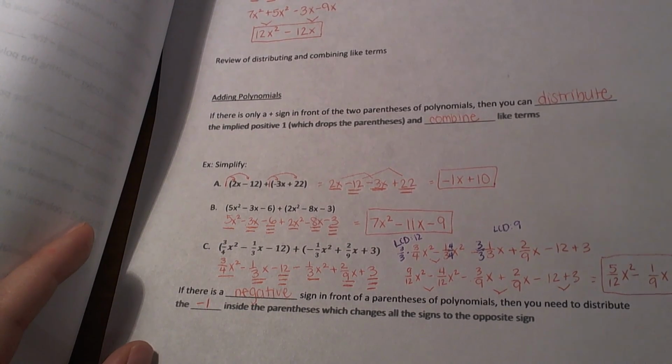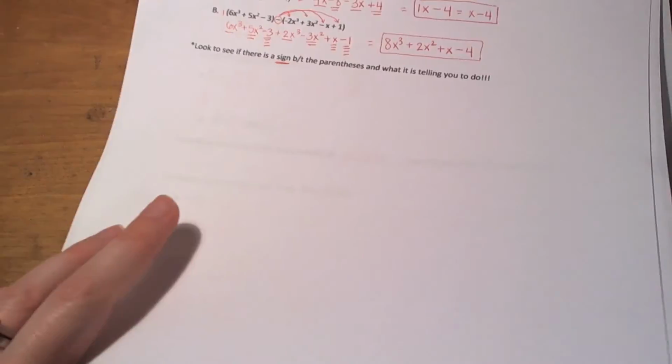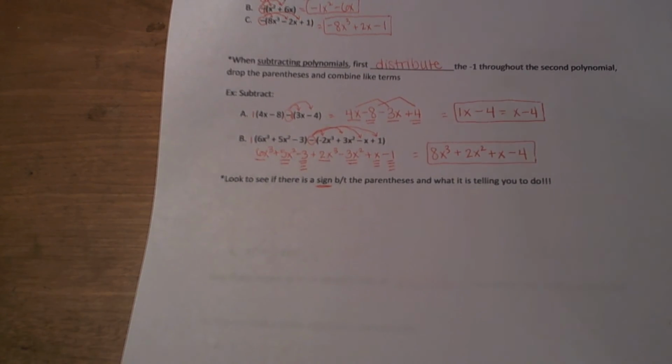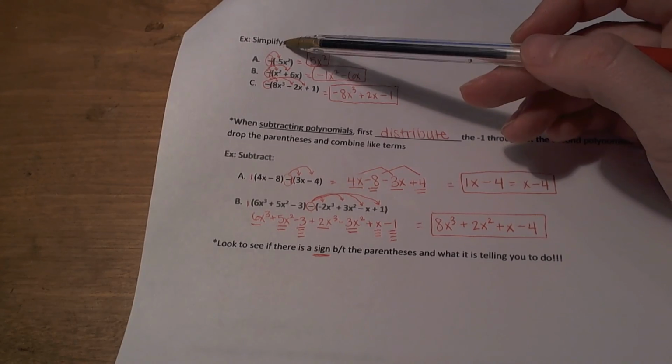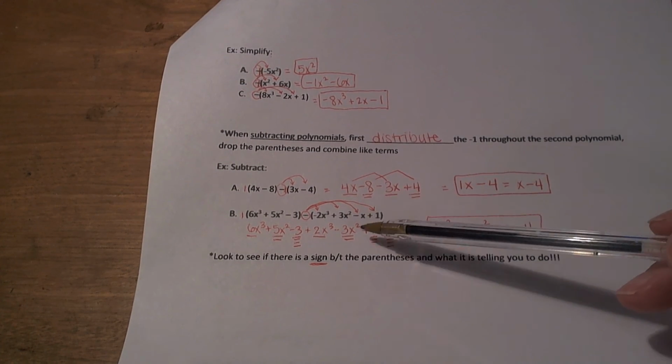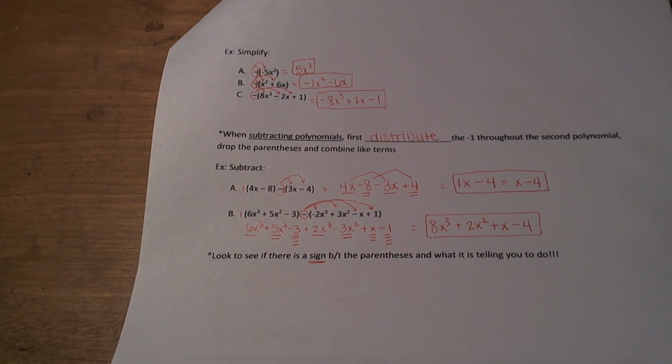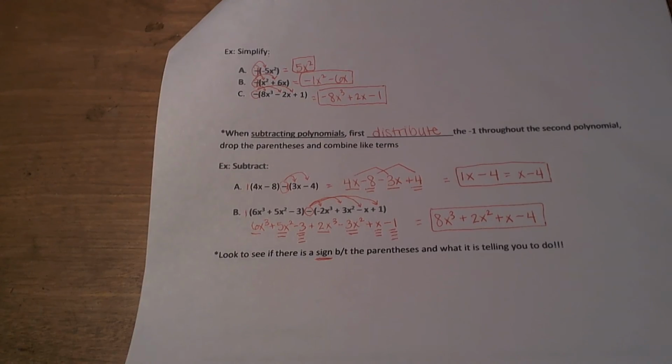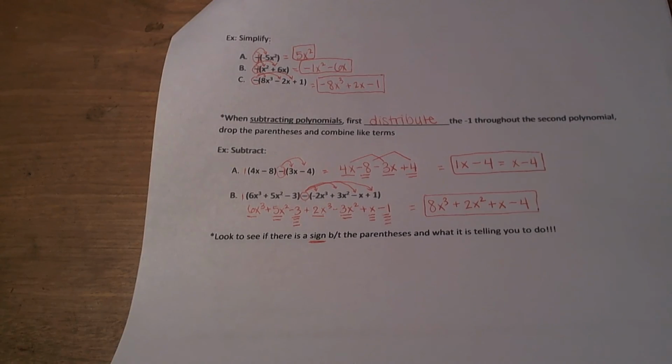In the next sections we'll get to multiplying and dividing. But all of your instructions will say simplify, not add, subtract, multiply, or divide. And so when it says simplify, that sign tells you what operation you should be doing. That finishes up section 12.5.